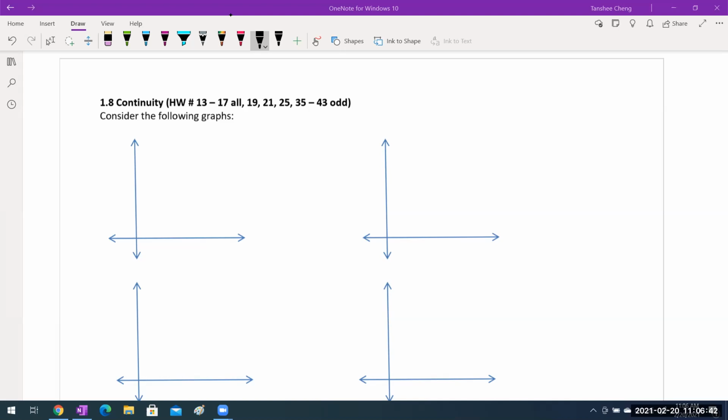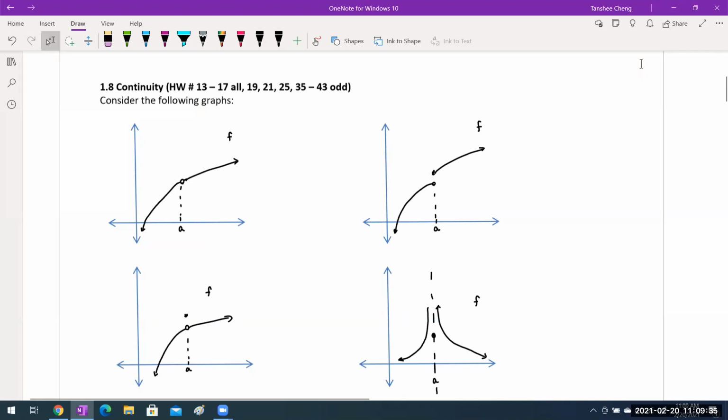To talk about continuity, let's consider the following graphs of functions. If we look at the first graph of the function f, notice that the function is defined everywhere except at a. So we know that f(a) is undefined.